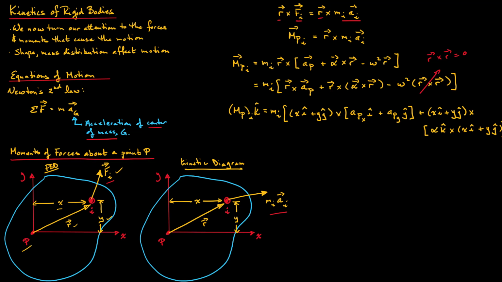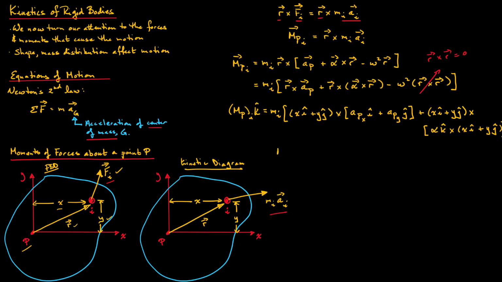I'd encourage you to try this cross product at home. Firstly, what you'll find is that all of the results are acting in the k direction. So you have i's crossed with j's, j's crossed with i's. So this will all result in k components.